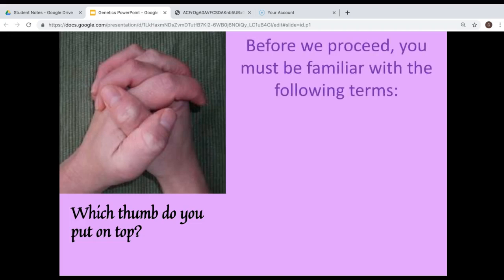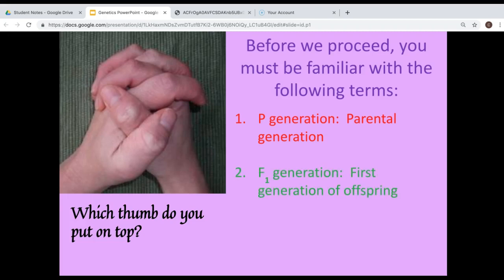Before we proceed, I do want you to become familiar with a couple terms. P generation is what we call the parental generation. So that is the alleles or the genotype or genes from the parents. F1 offspring is the first generation. So you are the F1 offspring of your parents.